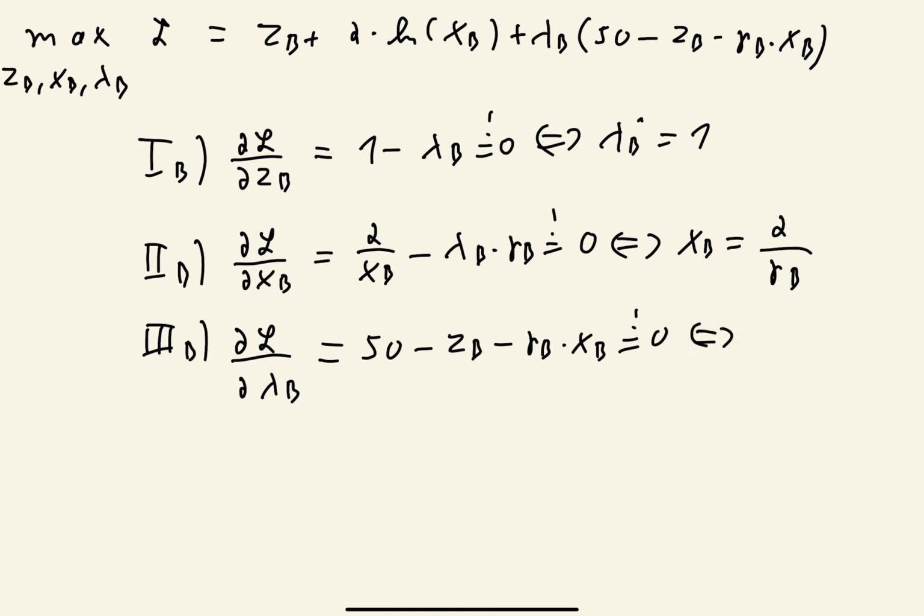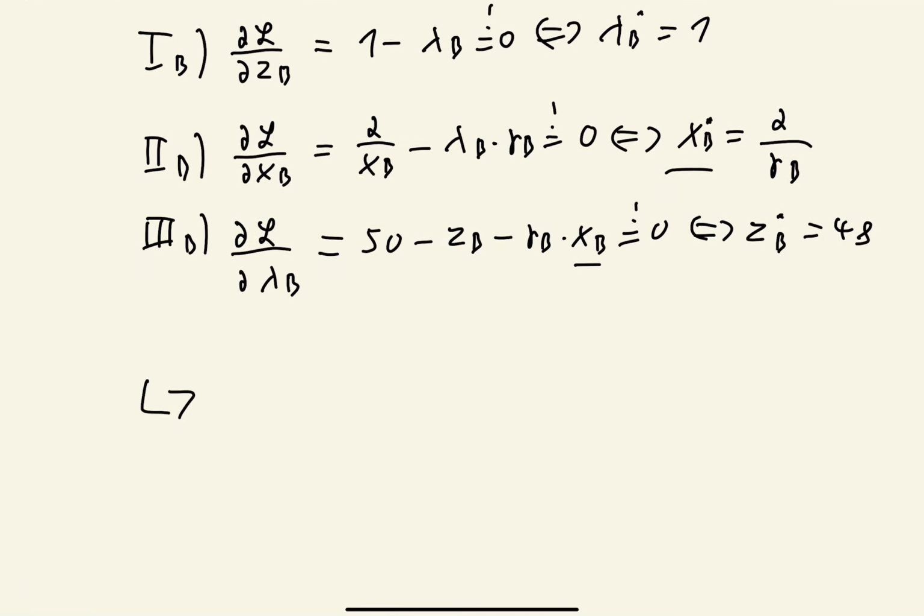And then we substitute XB star here, and we end up with ZB star being equal to 48. Therefore, we have the following: XB star is equal to 2 divided by PB, and ZB star is equal to 48.